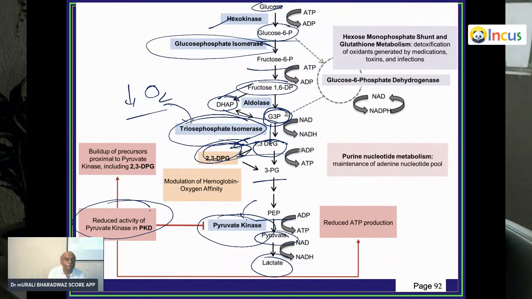Right. Then what else? Sickle cell? Crescent shaped. Then papillary necrosis of the kidney.